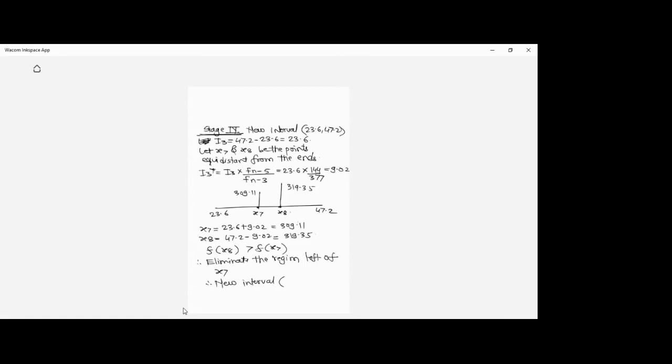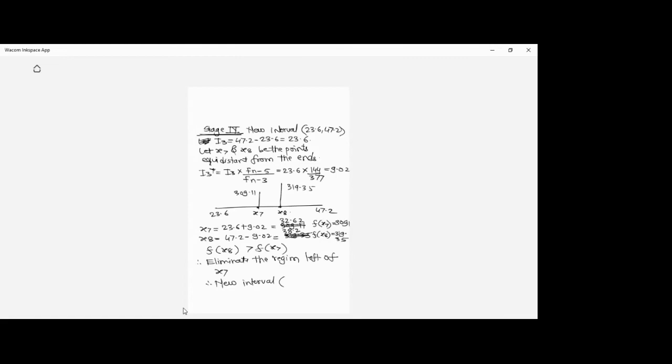Sorry, these values are of fx; let me write the values of x7 properly. It is 32.62 and the x8 value is 38.2. And f of x7 is equal to 309.1, and f of x8 is equal to 319.35.